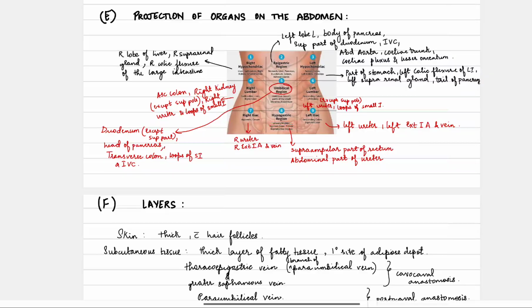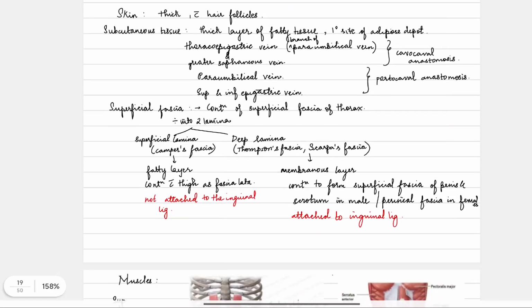In the left iliac region, there are the sigmoid colon, left ureter, left external iliac artery and vein. Now these are the projections of organs on the abdomen. The layers.